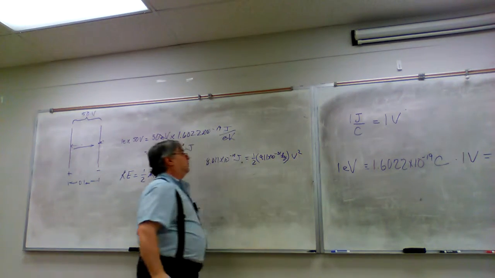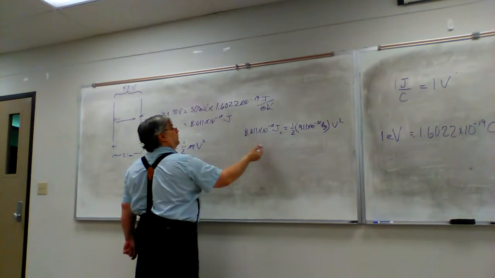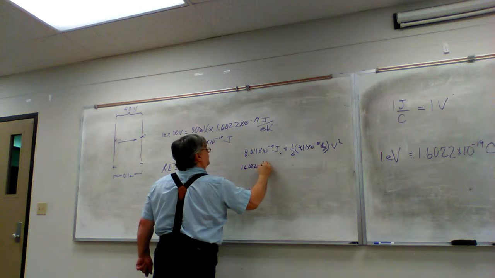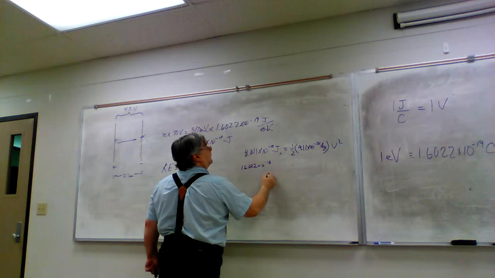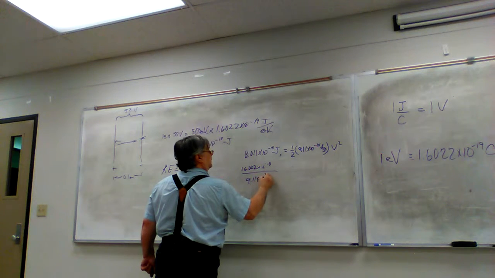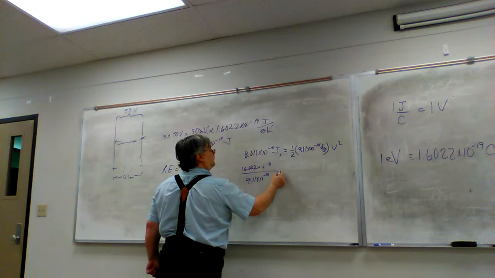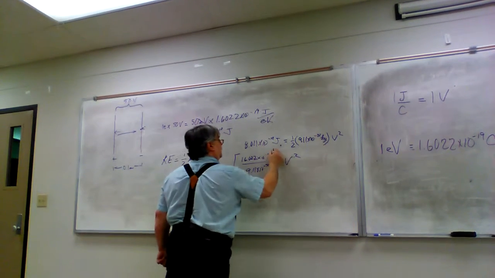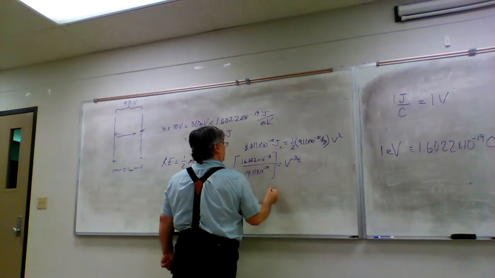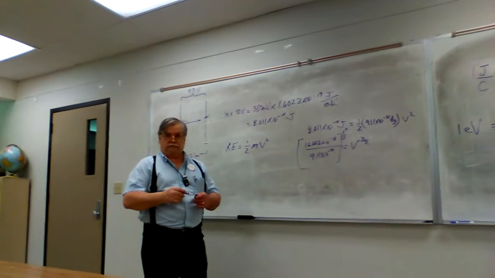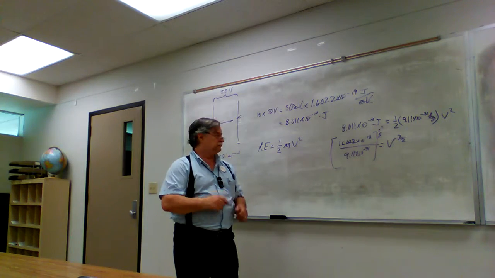Times velocity squared. 2 times this would be 16.022 times 10 to the minus 18 divided by 9.11 times 10 to the minus 31 equals v squared. Take the square root of both sides. What's your velocity?